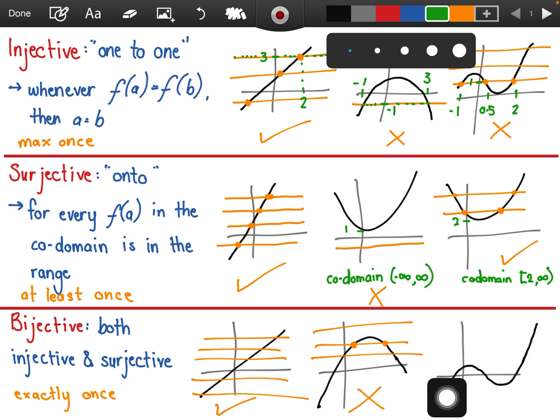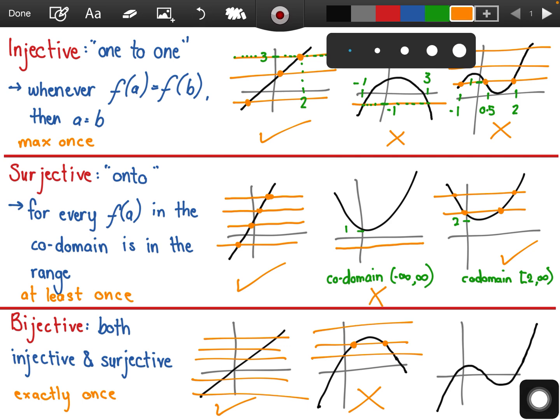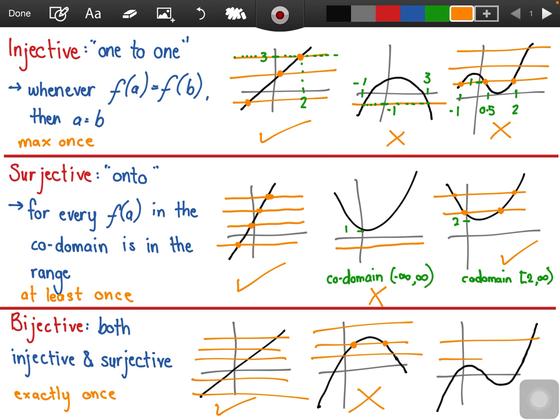So this is surjective, but it is not injective. It's crossing at least once, and here it is crossing more than once. So while it is still surjective, because it's crossing at least once everywhere, it is not injective. It has to be both to be bijective, so this is not bijective.